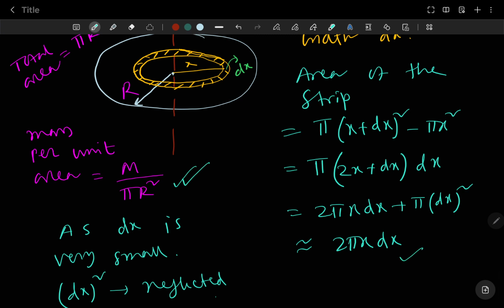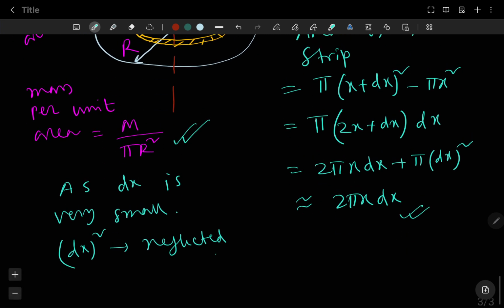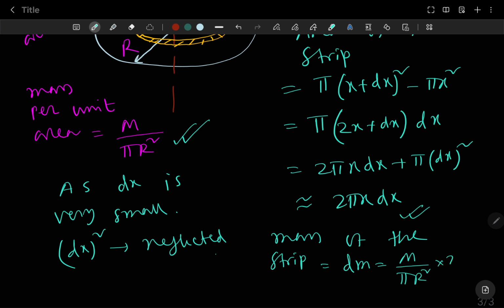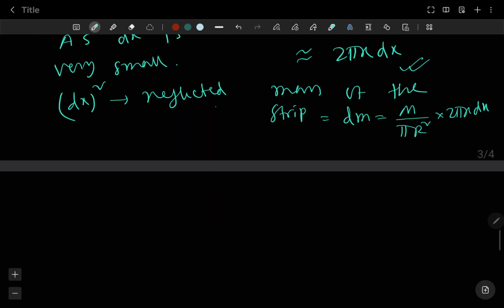So what is the mass of this area? So mass of the strip is dm equals M by pi R square into 2 pi x dx. So pi and pi cancel, so 2M x dx by R square.